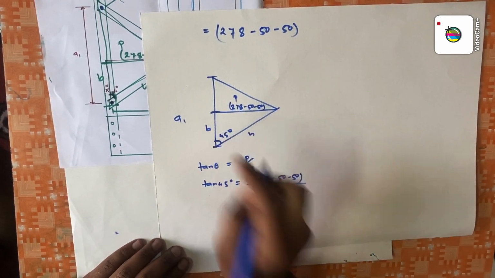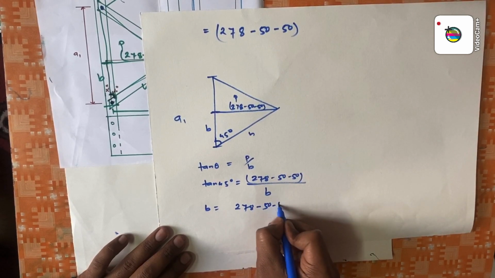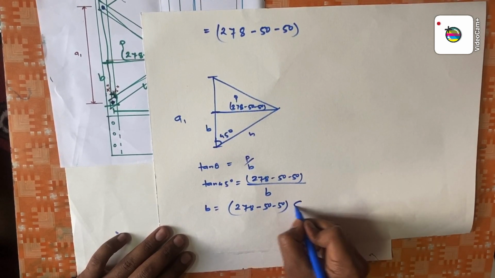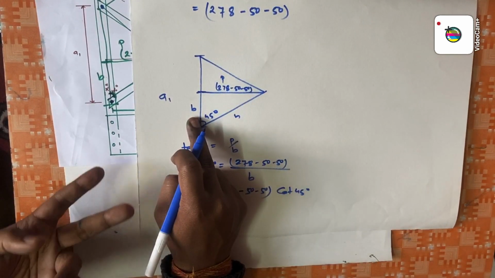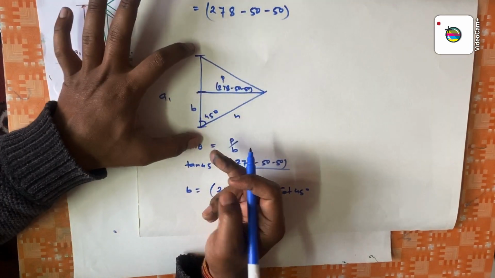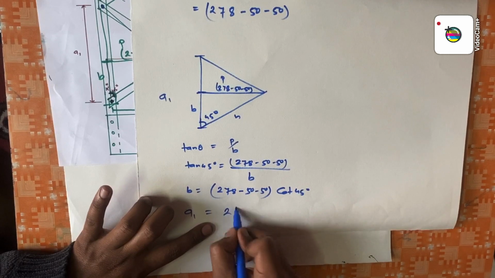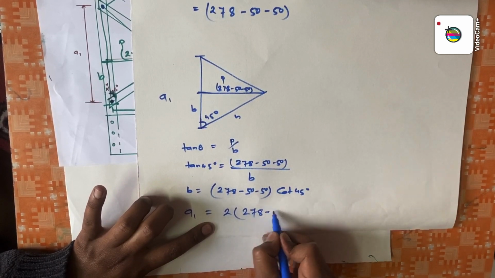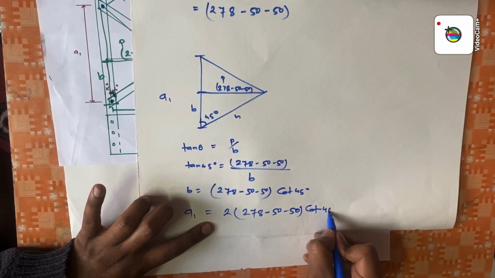We don't know the B value. So B will be (278 minus 50 minus 50) by tan 45 degree. If we multiply this B by 2, twice of B will be our A1. So we can write A1 as 2 times (278 minus 50 minus 50) by tan 45 degree.